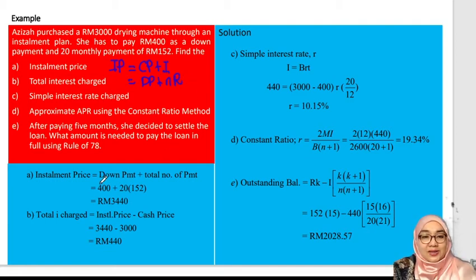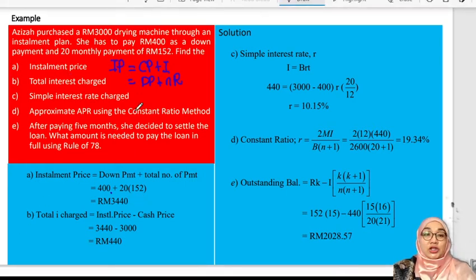Alright, kita tengok kat sini 400 adalah down payment, and then dia bayar RM152 selama 20 bulan. So total duit poket dia perlu keluar adalah sebanyak 3,440 ni. Alright, kita tengok pula total interest charge. So total interest charge is equal to total installment price minus cash price.